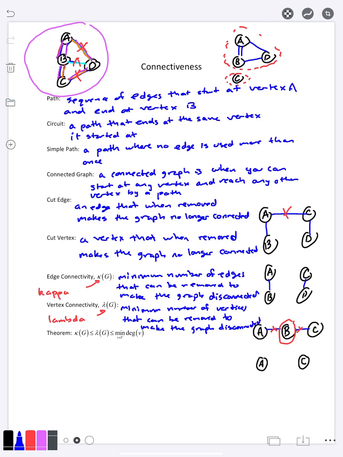And so that gives us the definitions of kappa and lambda. And then we have this nice little theorem here that tells us that for any given graph, kappa is always going to be less than or equal to lambda, and lambda is always going to be less than or equal to the minimum degree of any vertex here.